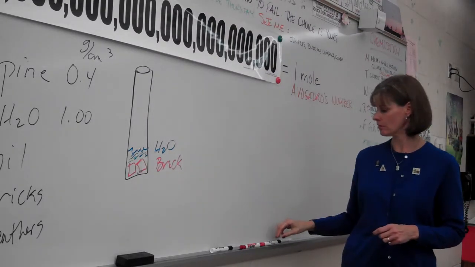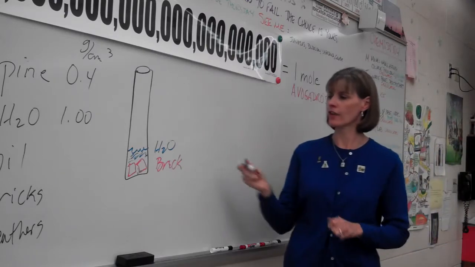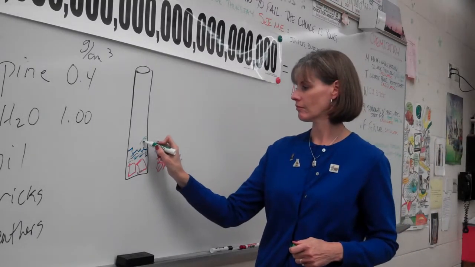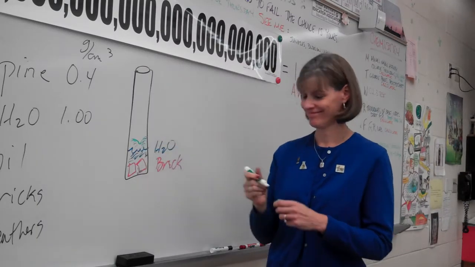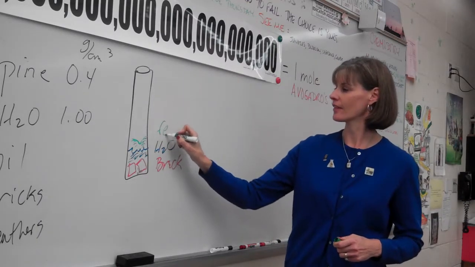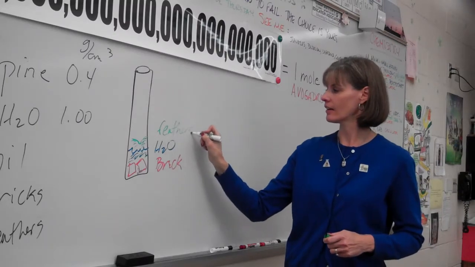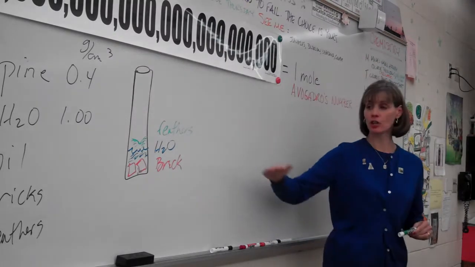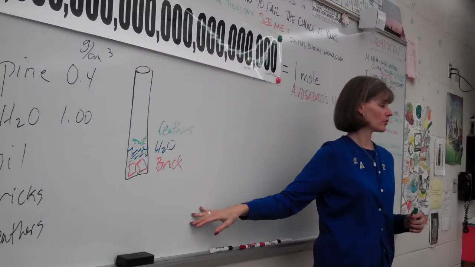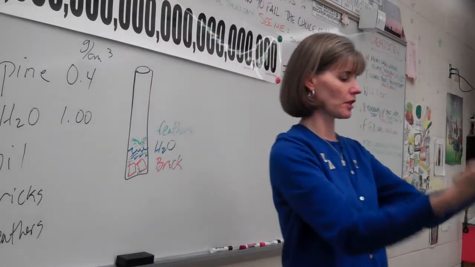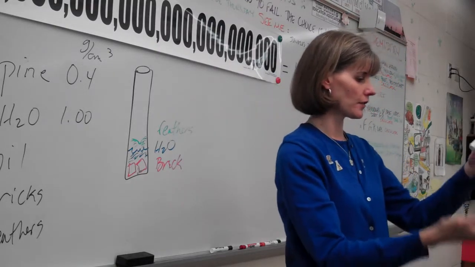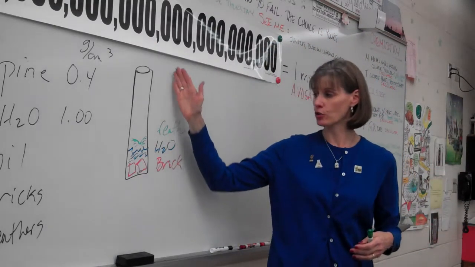Then what? Feathers. Okay, you're just going to have to pretend those are feathers. All right? And you'd have to show what would layer where. So if we had these 6 different substances and we dumped them all into a container like this, where would they all settle out? And you're going to have a drawing like this.